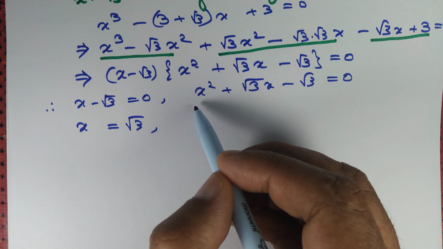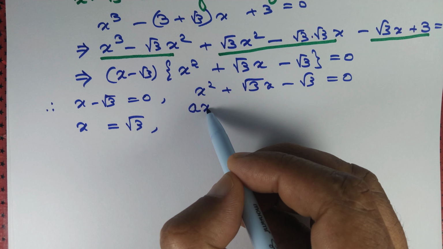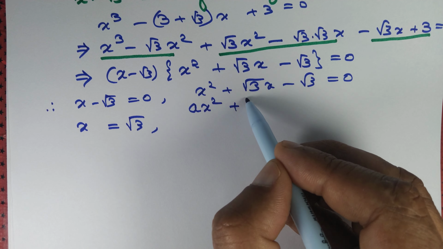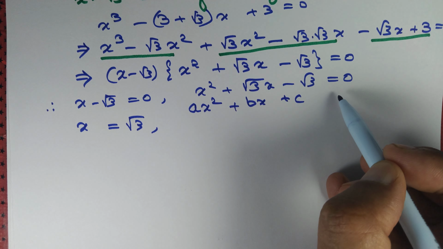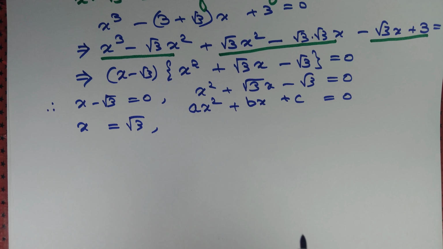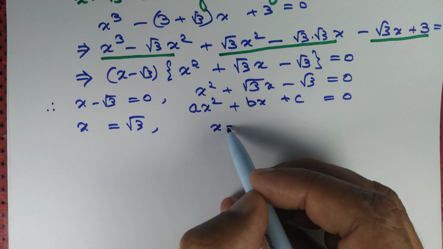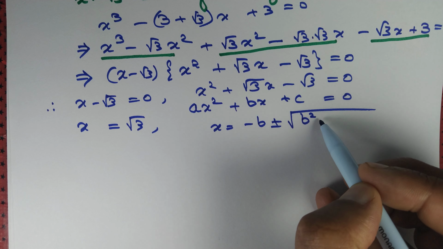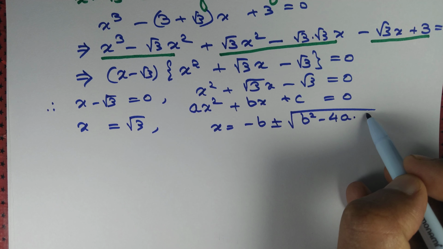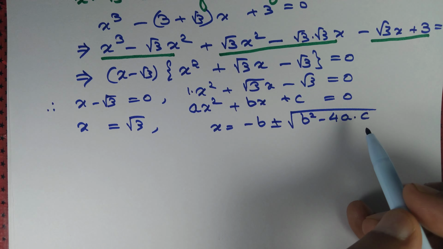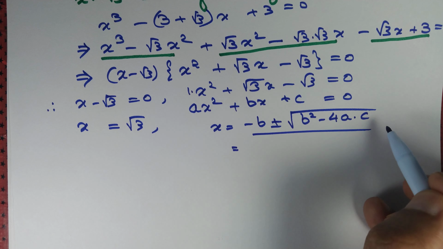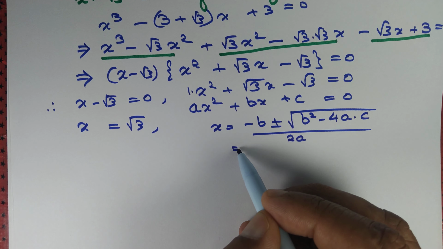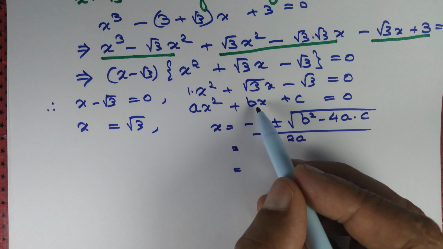What about this one? We compare it with the quadratic equation ax square plus bx plus c equal to 0. This is a quadratic equation. Roots are given by x equal to minus b plus or minus root over b square minus 4ac, divided by 2a. Here a equal to 1, b equal to root 3, c is minus root 3.